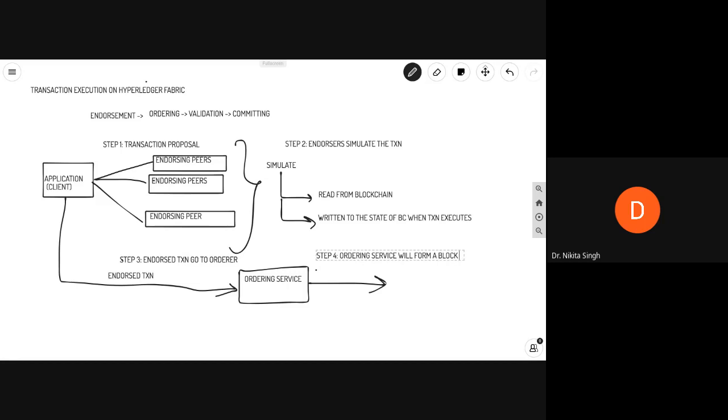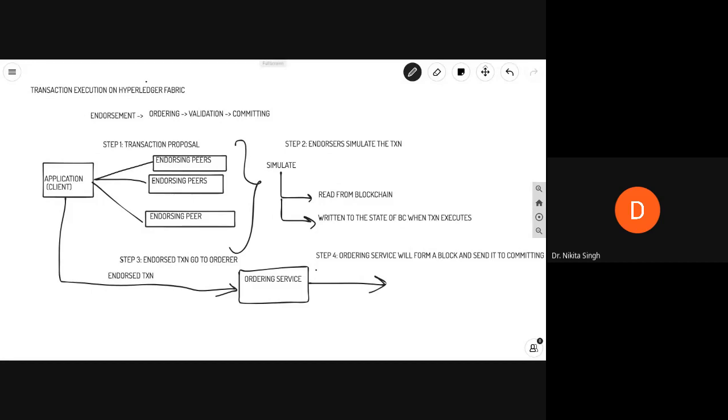That is, it will order the transactions, form a block and send it to the committing peers. So the ordering service will take the endorsed transactions, compile that information into a block, and deliver the block to all the committing peers.